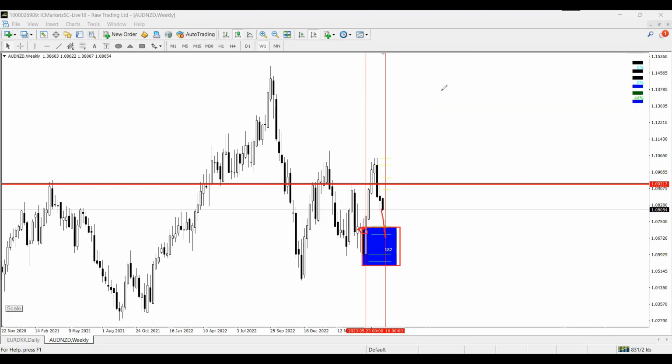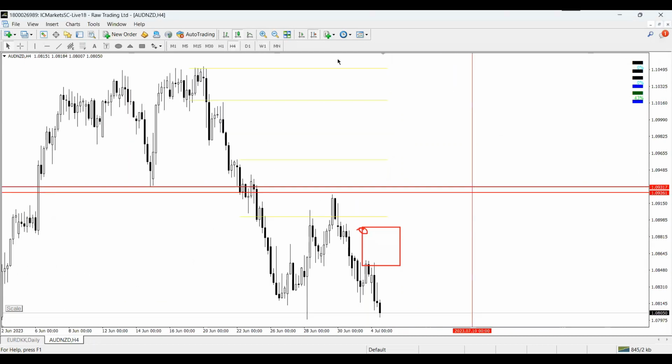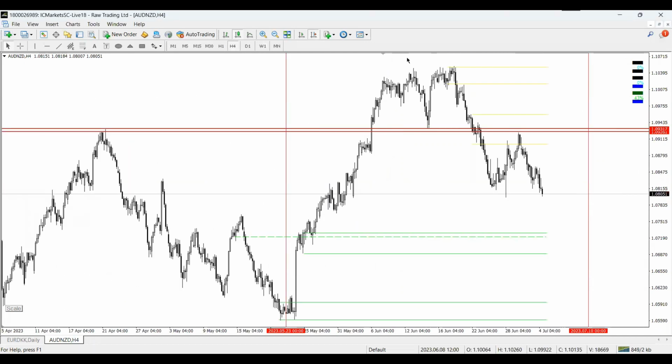We'll see the H4 area, if price does something like that. For example, if price breaks one level and the trend line like that, we can use all bullish levels or demand levels and it will move up to here.